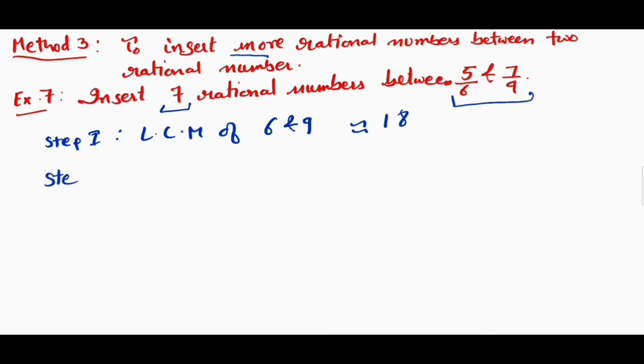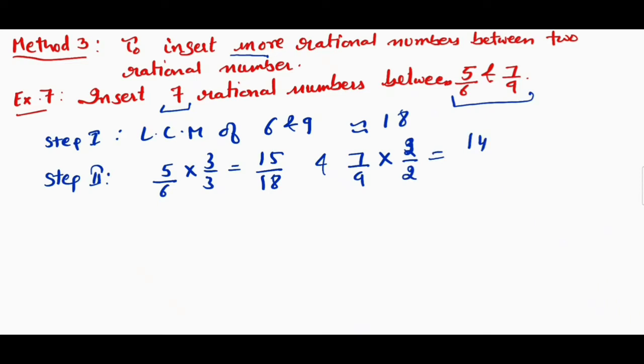And in the second step, I will make them like fractions: 5/6 multiplied by 3/3, which is equal to 15/18, and 7/9 multiplied by 2/2, which is equal to 14/18. So the denominators of both numbers are same now.